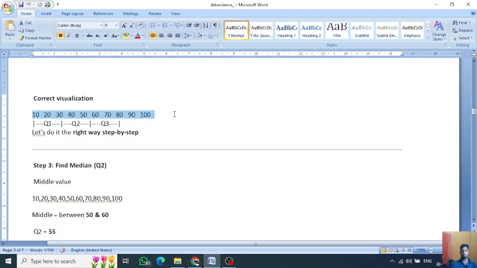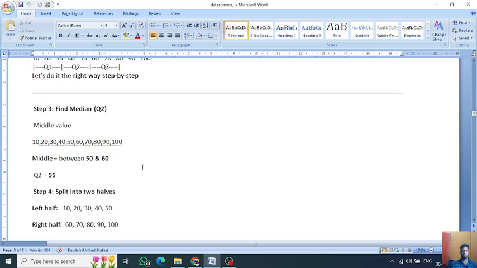The values should be sorted. For this data set, as it has an even number of values, we take 50 and 60 and then average them. This is 55. So here the median is 55.